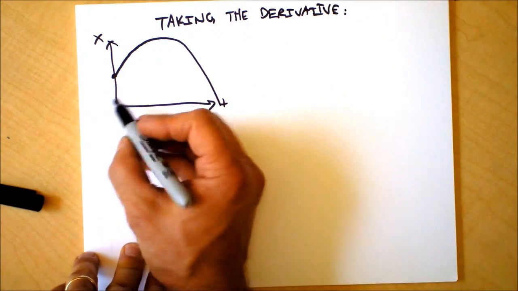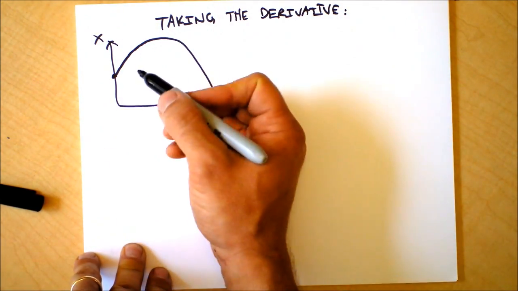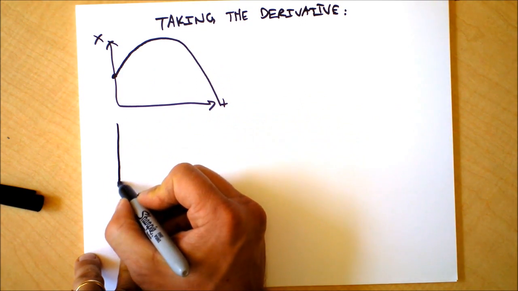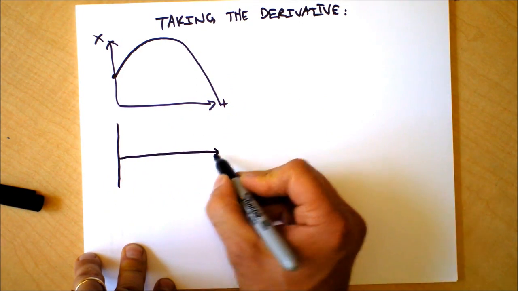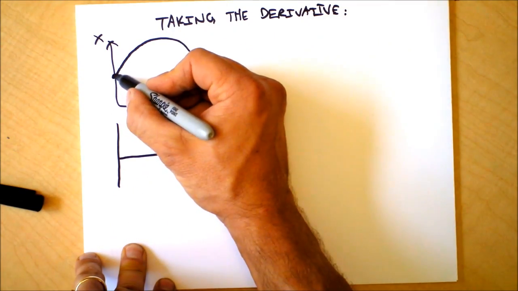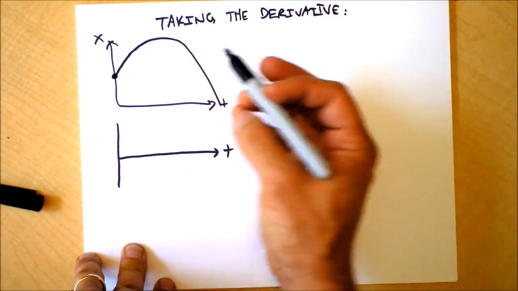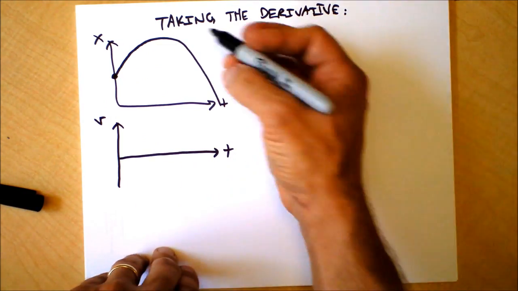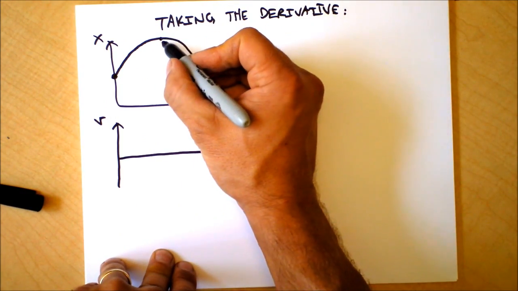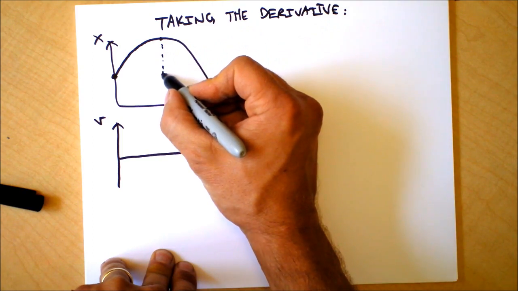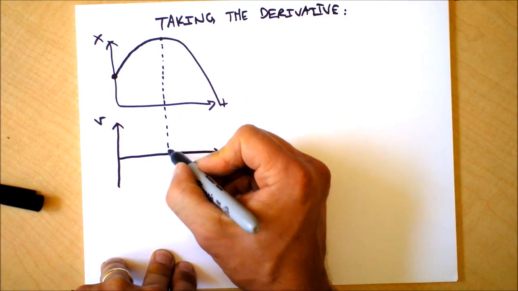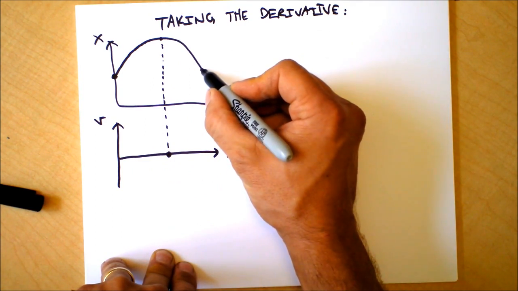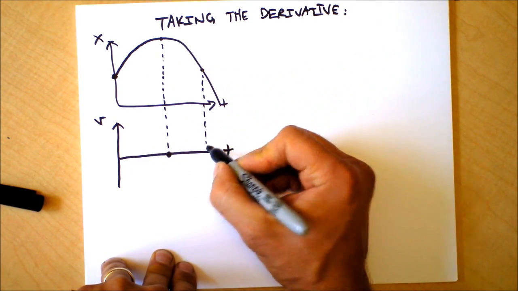So what we want to do is find the velocity of that pig as a function of time. Now, initially the velocity is going to be positive, right? At this instant right here, the pig is shooting upward, and here's velocity as a function of time. At this instant right here, the velocity of the pig is 0, and right here the velocity of the pig is the opposite of what it was when it started.